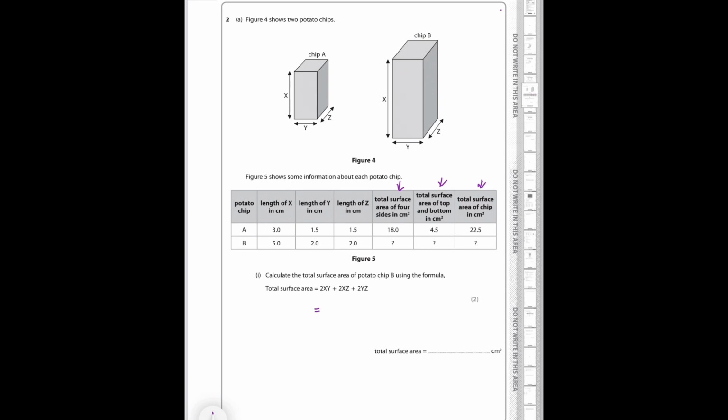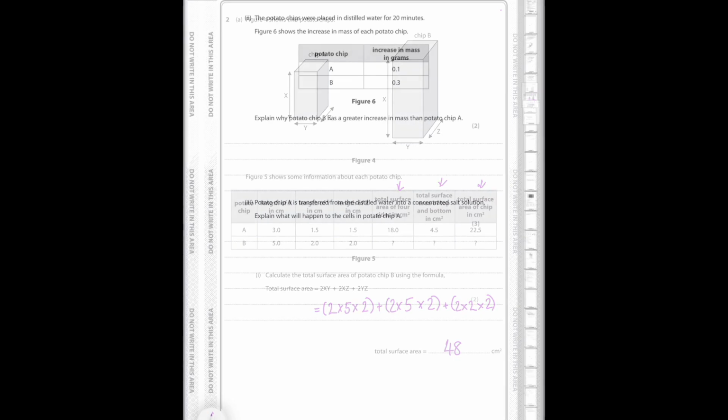So if we put our numbers in, we've got 2 times x, which is 5, times y, which is 2, plus 2 times x, which is 5, times z, which is 2, plus 2 times y, which is 2, times z, which is 2. And if we calculate all of that out, we get an answer of 48 centimetres squared.